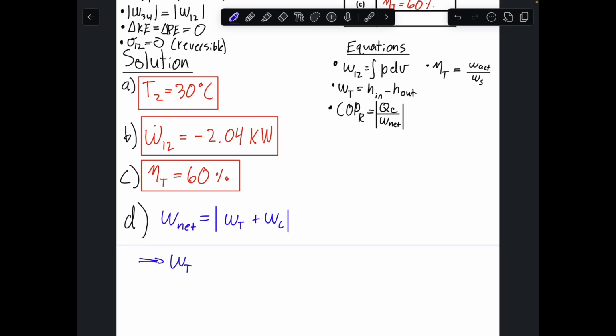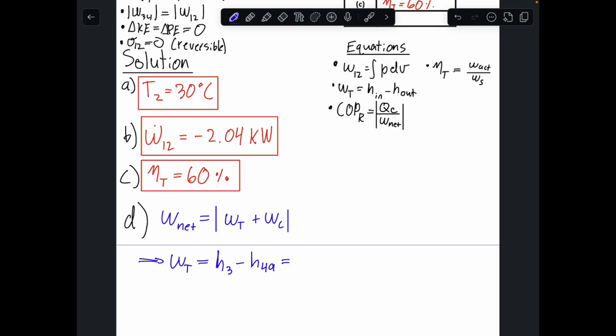So the work from the turbine, we found this in the last part of the problem when we were solving for the isentropic efficiency, but I'll just write it out again to be thorough. This will be our actual work component that we're getting out of the turbine. So we found that to be H3 minus H4A for the actual enthalpy at state 4.